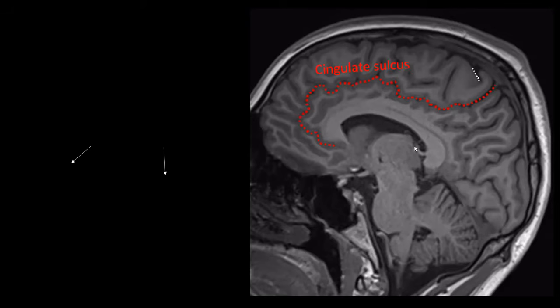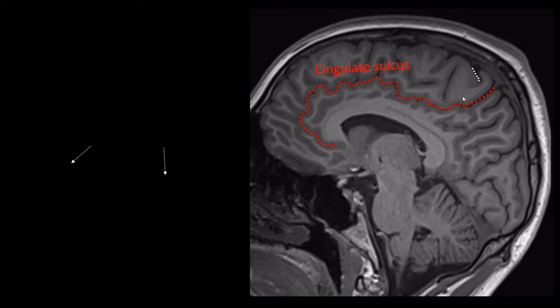So here is the cingulate sulcus, and we're now going to use the cingulate sulcus to identify the central sulcus. We can do that in the sagittal plane, but I don't find it very useful. So I'm just going to mention it, but it's much easier in the axial plane if you ask me. So this is the cingulate sulcus. Remember that the paracentral lobule is situated in front of the cingulate sulcus.